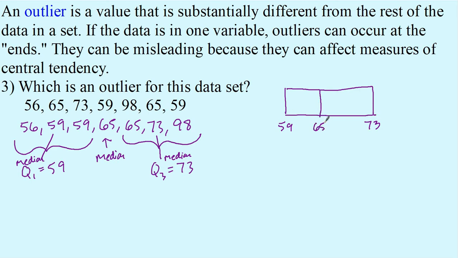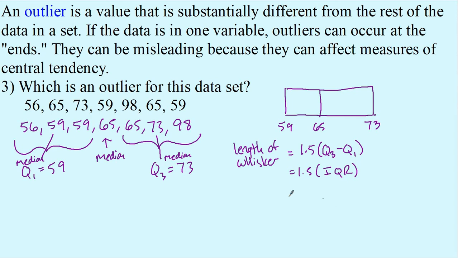Now, how far can the whiskers grow? To find the length of a whisker, you do 1.5 times Q3 minus Q1. That difference is the interquartile range.